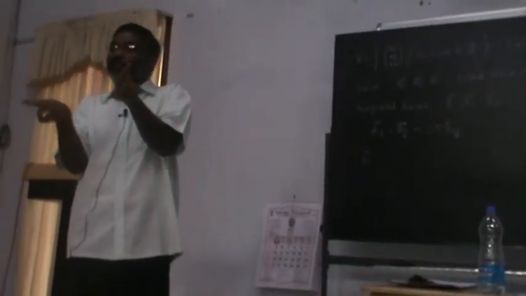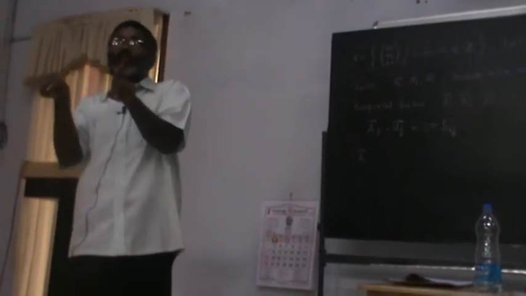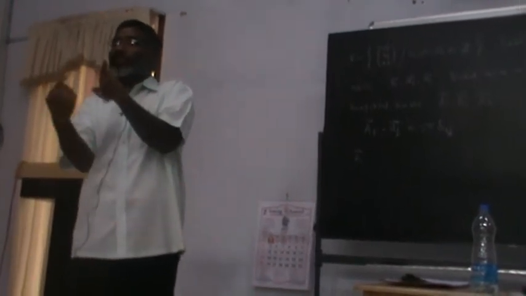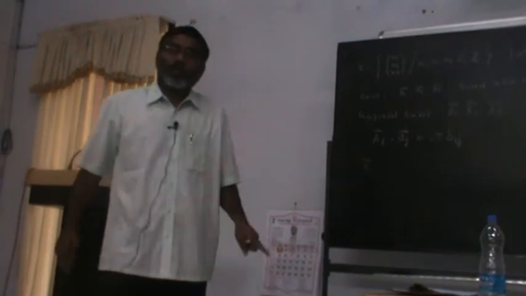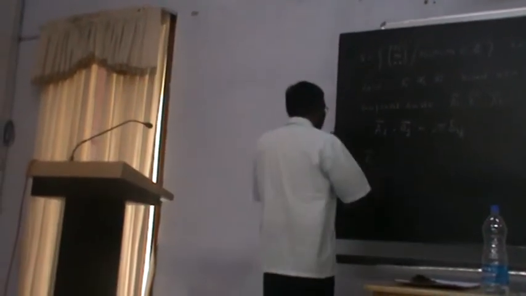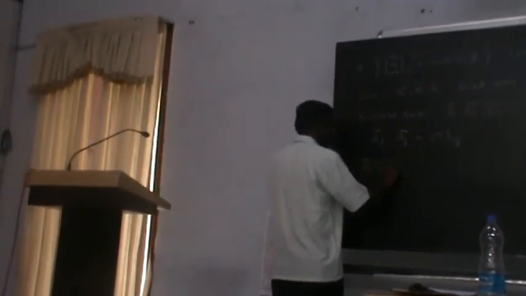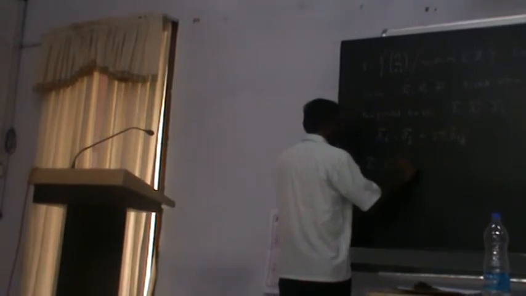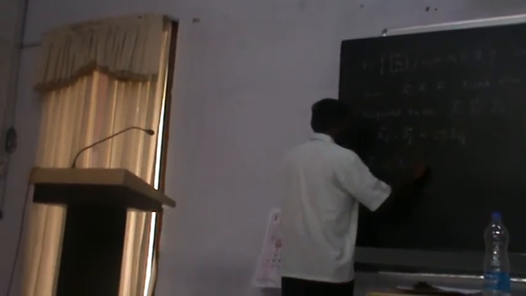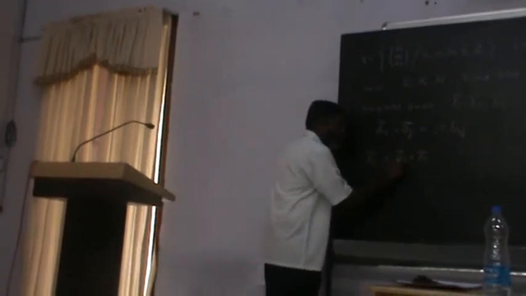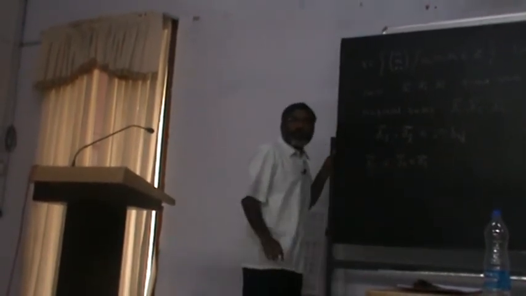It should be orthogonal to the plane containing A2 and A3, so it should be proportional to A2 cross A3. A2 cross A3 is the vector that is orthogonal to both A2 and A3. So B1 is proportional to A2 cross A3, correct? Because this is orthogonal to both A2 and A3.